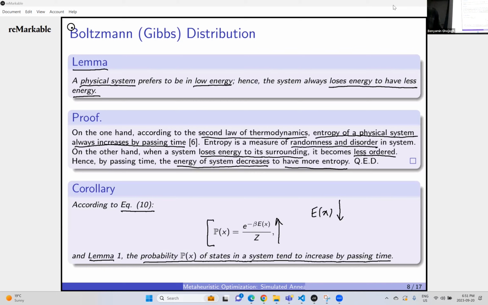And for the proof of that, we use the second law of thermodynamics, which says the entropy of a physical system always increases by passing time. And we had a corollary saying that according to that equation, the Boltzmann distribution, when the energy goes down, the probability goes up, as expected because the energy of the system tends to go down, right?